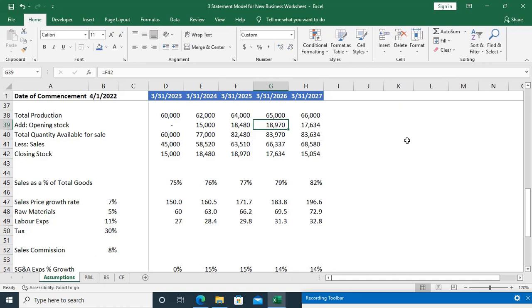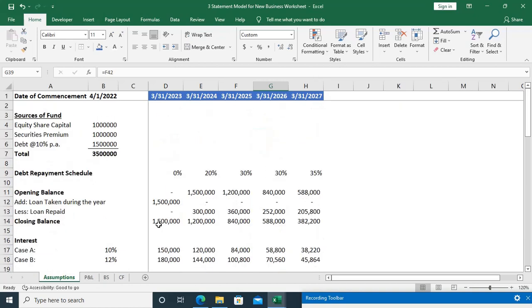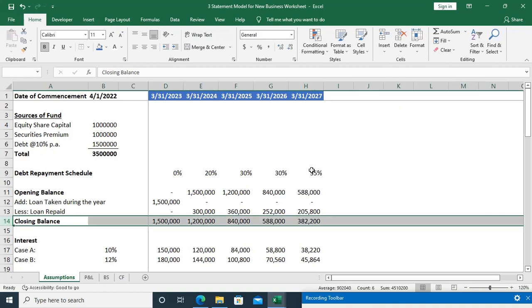We are just done with the assumption part. Now we can start working on the profit and loss statement. But before we dive into it, I would like to make it a bit presentable. So closing balances of the loan taken, I'm just doing shift space control B, or OCA.